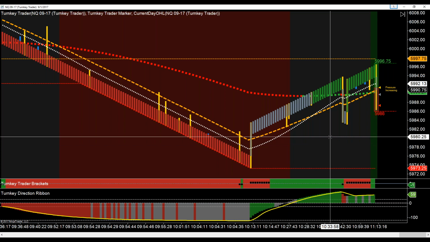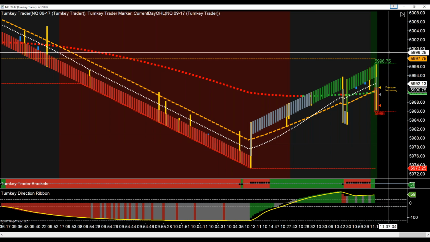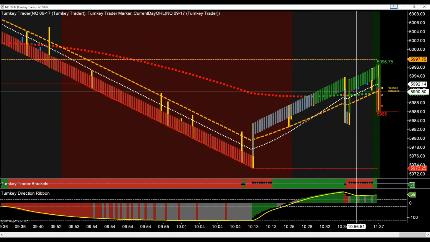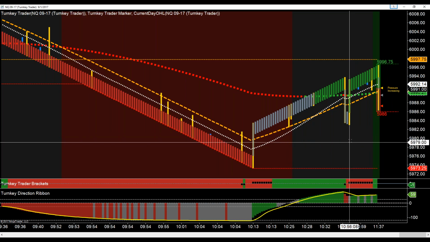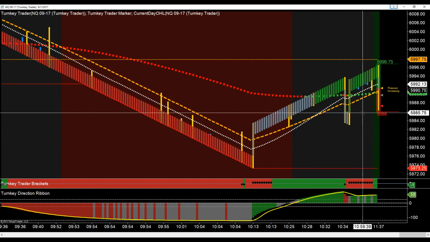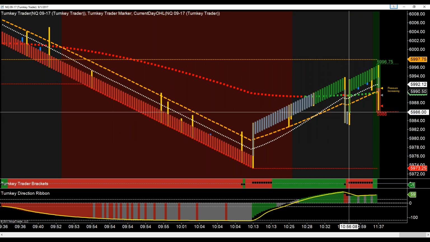All right, so I went off on a little tangent there. Something I want to point out about the money management strategy. I'll try to stick to this. The 40 tick stop I know is a little wide for some of us. I certainly don't like getting caught at 40 ticks.